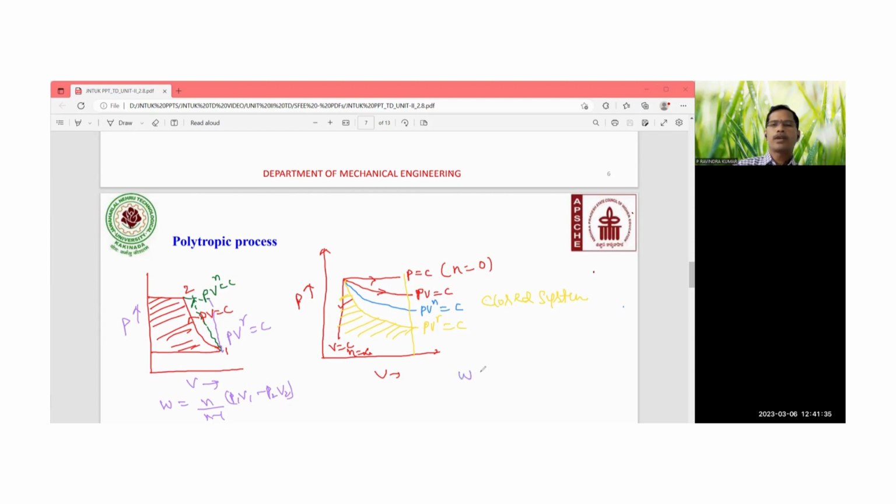But for the closed system, it is P1 V1 minus P2 V2 divided by N minus 1, that is equal to MR T1 minus T2 divided by N minus 1.